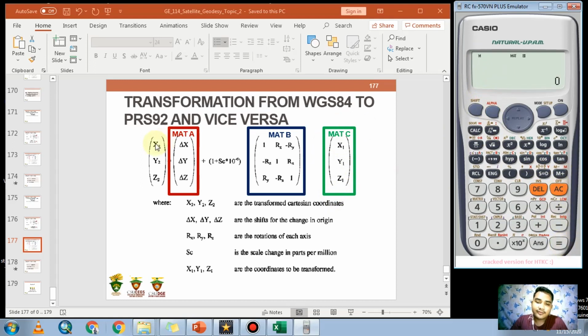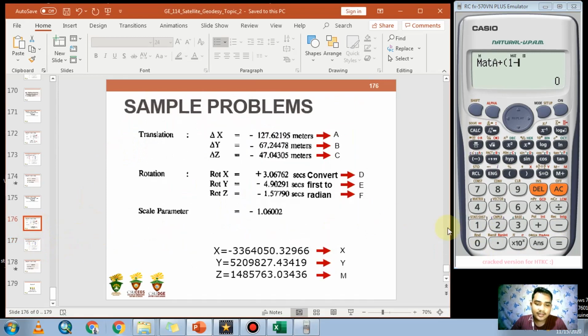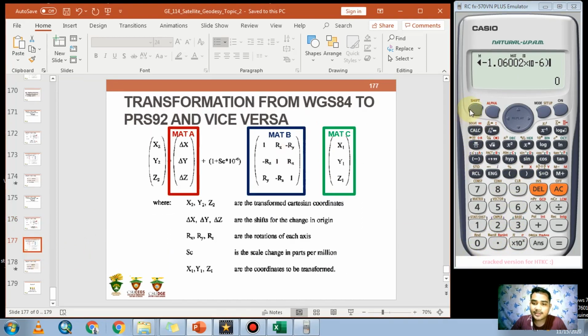Now we input the formula, shift 4 matrix. We put matrix A, then plus 1 times the scale, and since our scale is negative, it becomes minus. The scale value is negative 1.06002 times 10 raised to the power of negative 6, then matrix B, then matrix C equals.